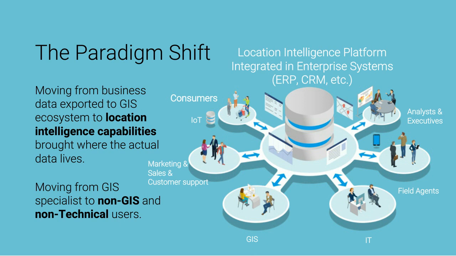Because again, the data lives outside the GIS department, not within that department. So it lives within all these various business departments, from the consumer, bringing in Internet of Things or big data, from the sales, from marketing, from, you see GIS there. GIS is now a department helping to solve location intelligence and providing some support to the data.